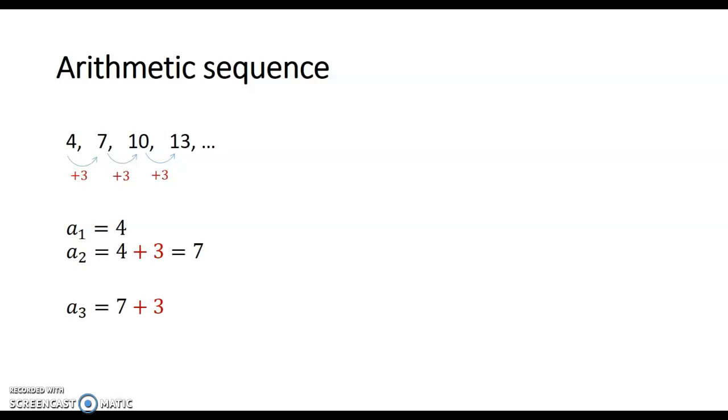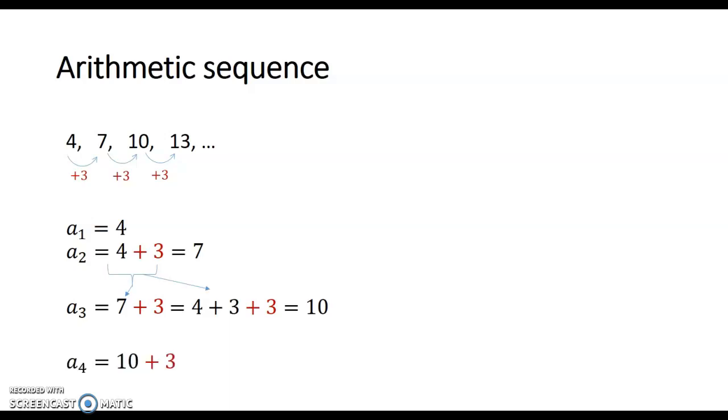But what we can also do is to replace the number 7 with the information: how did we get to number 7? And then we can write the third one by saying it is the first one plus 3 plus 3. And that is another way to get to the third value, which was 10.